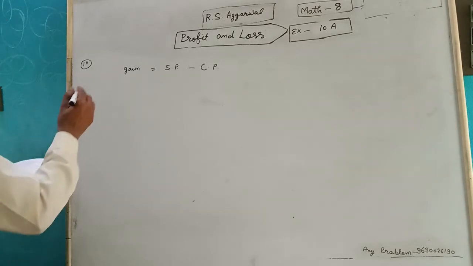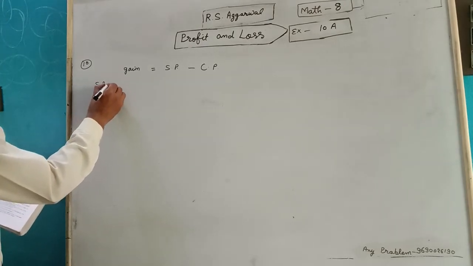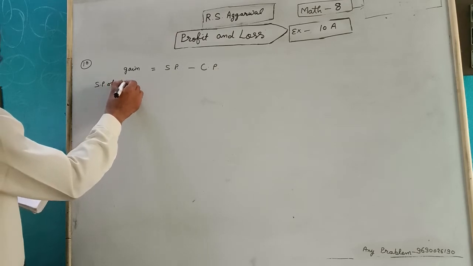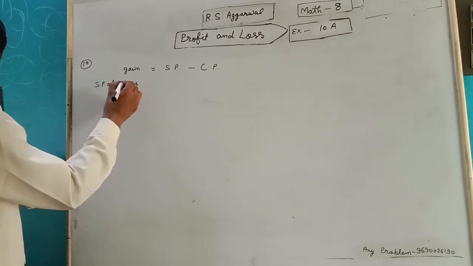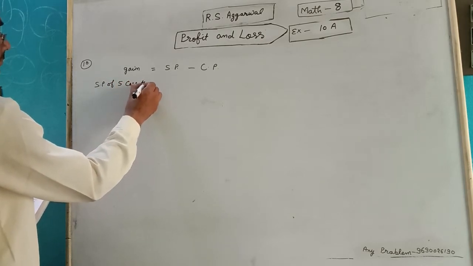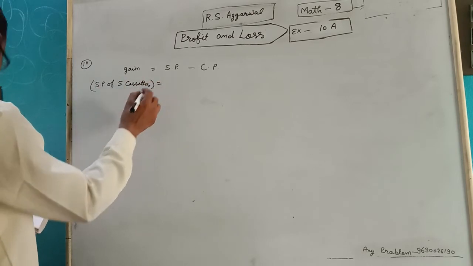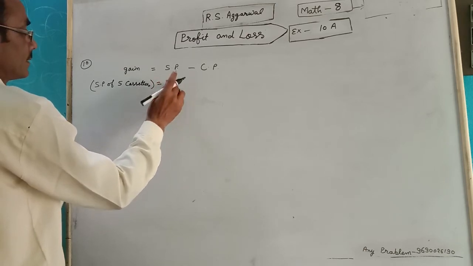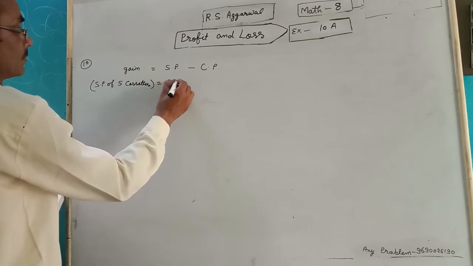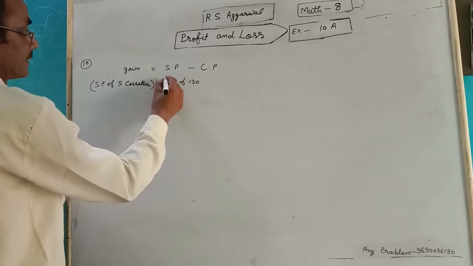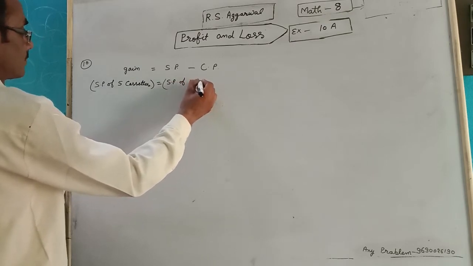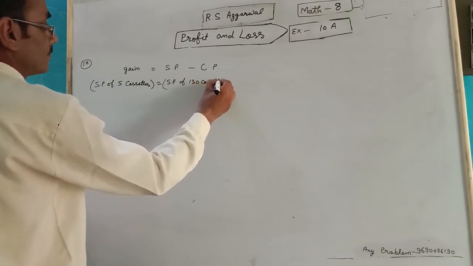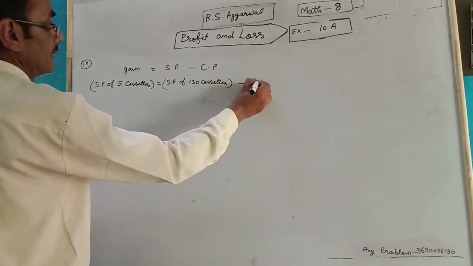Gain is equal to selling price of 5 cassettes is equal to SP of 130 cassettes minus CP.